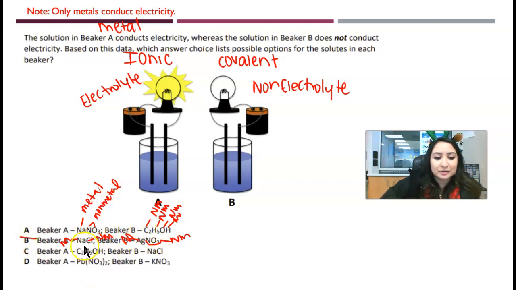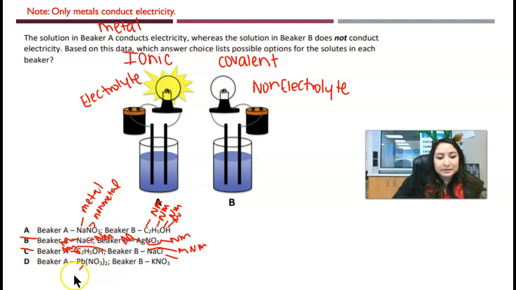B is not our answer. We have metal, non-metal for both. Beaker A, you have a non-metal. Well, we said C2H6O. These are a bunch of non-metals, so no. Na is a metal. Cl is a non-metal. So metal, non-metal, that's ionic, which, remember, for B we want it to be covalent, so C is out.